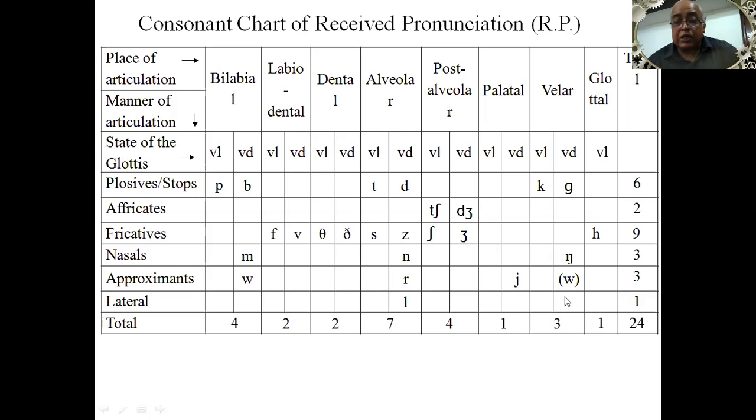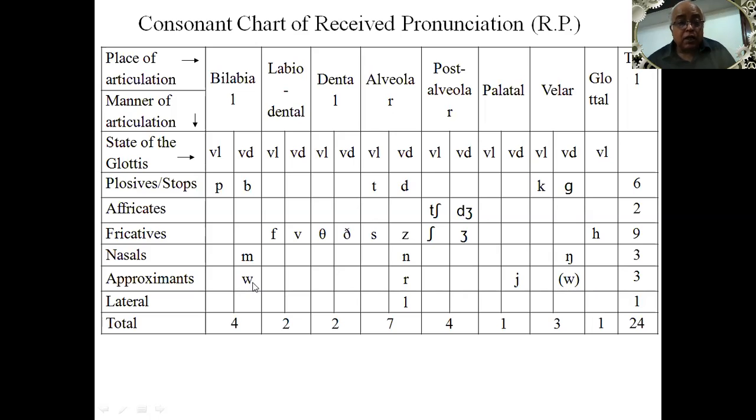Now see, you see something out here within round brackets, within parentheses, wo. So here we got the wo, here also we got another wo, but this is the same thing. These are not two different sounds. This is just one sound.